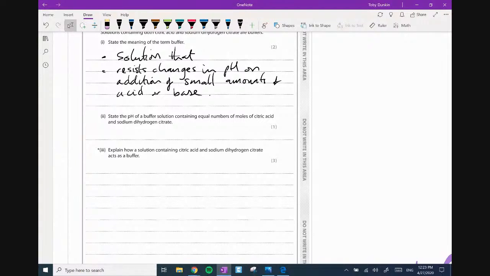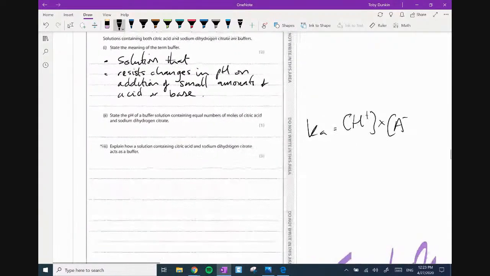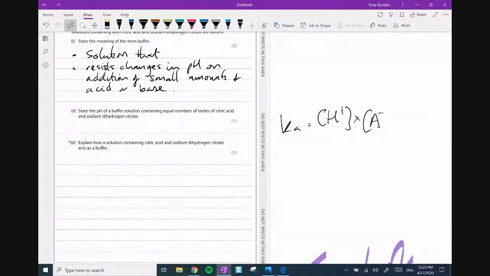Ooh, equal moles. Ka equals H plus times A minus. It's actually a sodium dihydrogen citrate. Okay, yeah. So H2A minus over H3A.